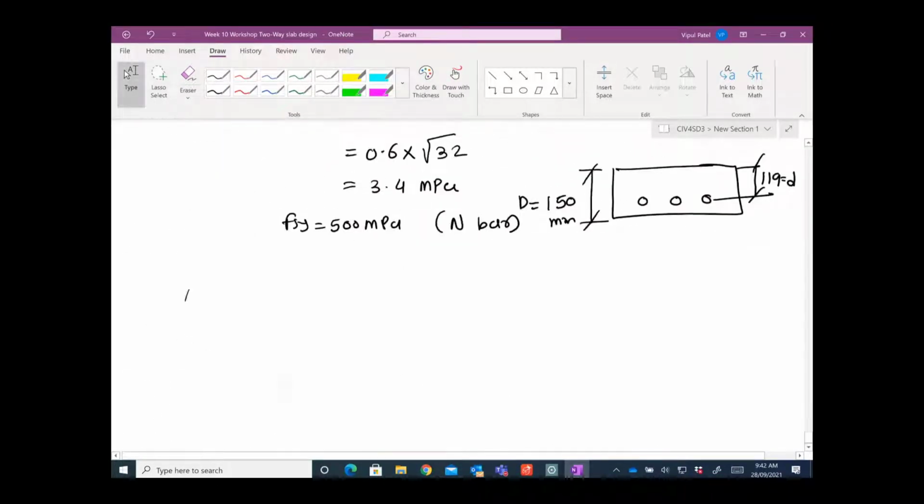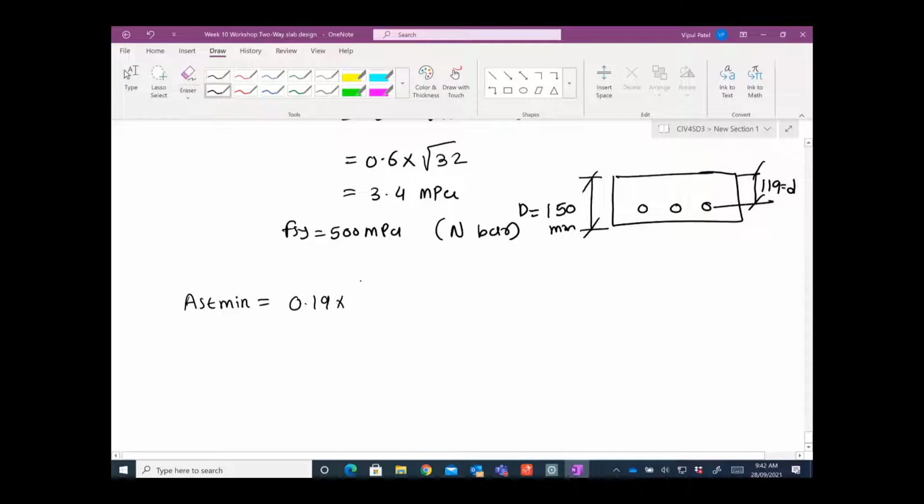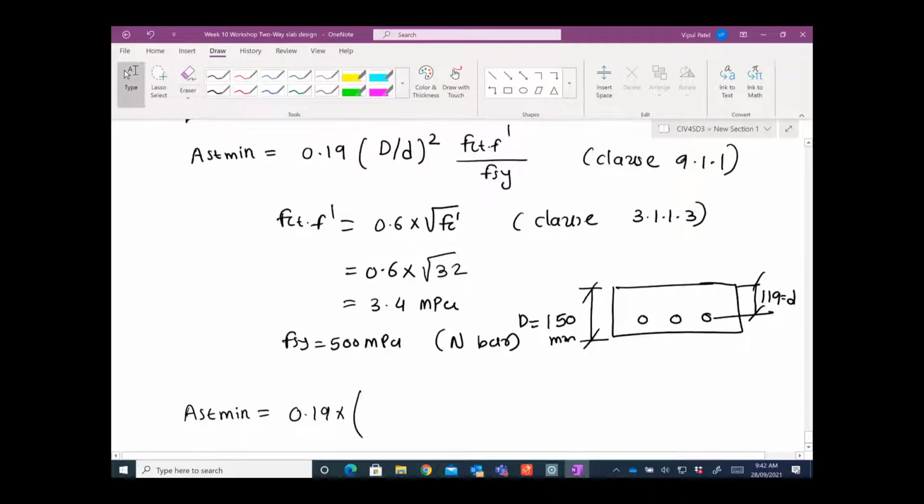So let's calculate this Ast minimum. Ast minimum equals 0.19 times the depth of the slab, 150 millimeters, over the effective depth 119, small d, squared, times f'ct.f of 3.4 megapascals divided by fsy of 500 megapascals.